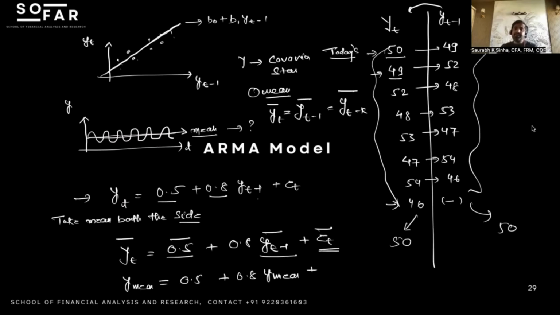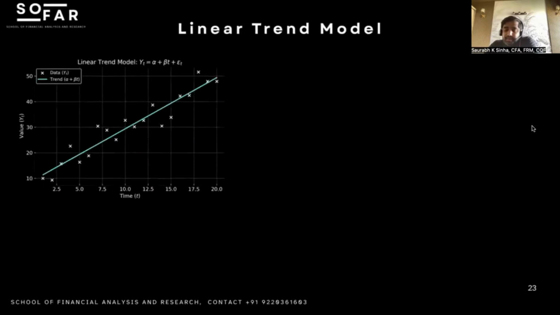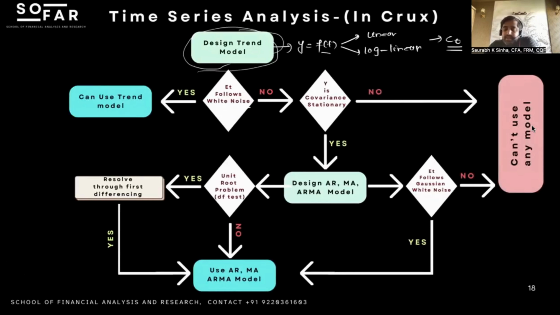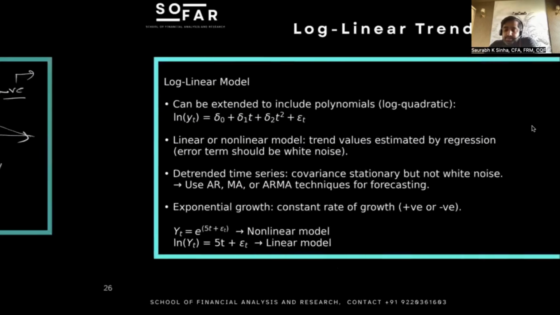White noise. What is the meaning of white noise? The mean is zero and a constant variance. So coming back to the flow chart, what I said: design an ARMA model, but the error term follows Gaussian white noise. The meaning of white noise is that the mean is zero. So what is the mean going to be? Zero.